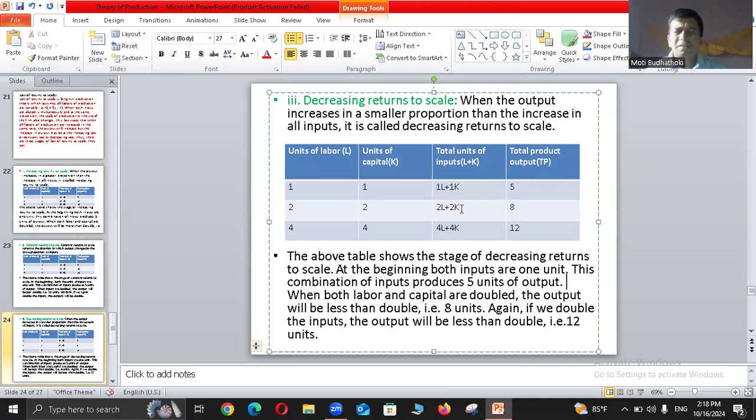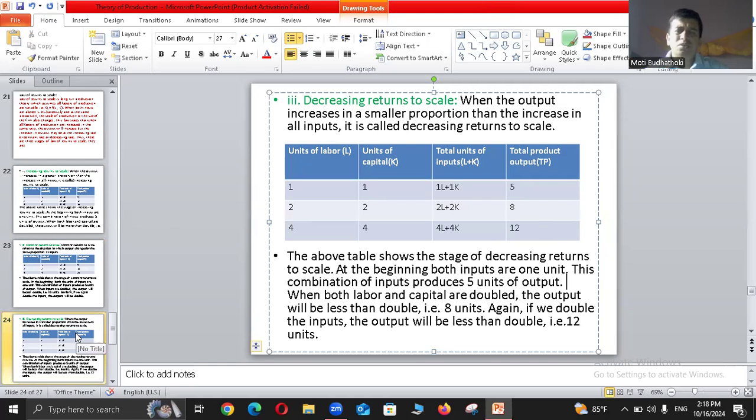If we double the input, the total product is not exactly double, it is less than double. So it is known as decreasing returns to scale. When we increase the level of inputs, the total product is also less than double. So this type of theory is known as decreasing returns to scale.